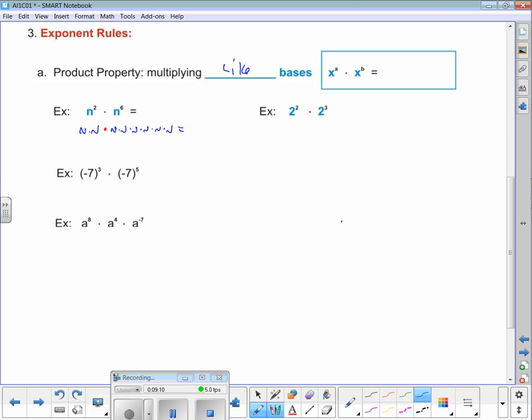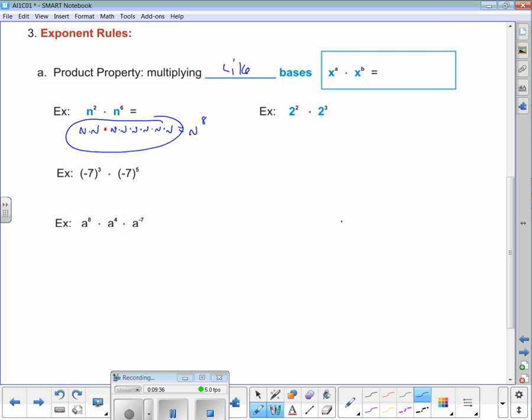Right? So I did n squared, n times n, raised dot, and then n to the 6, n times n times n times n times n times n. All right, so it doesn't take a rocket scientist. What is n times n times n times n times n times n times n times n is n to the 8th, of course. Now, that took a lot of time.